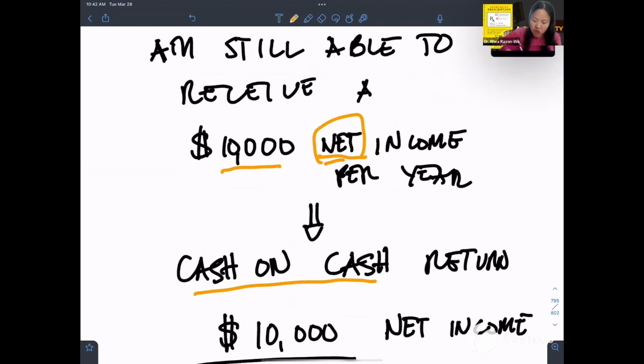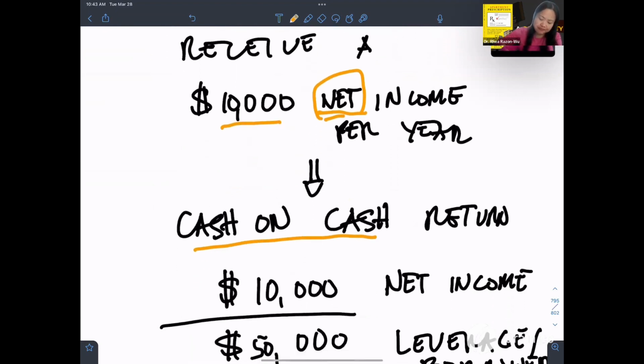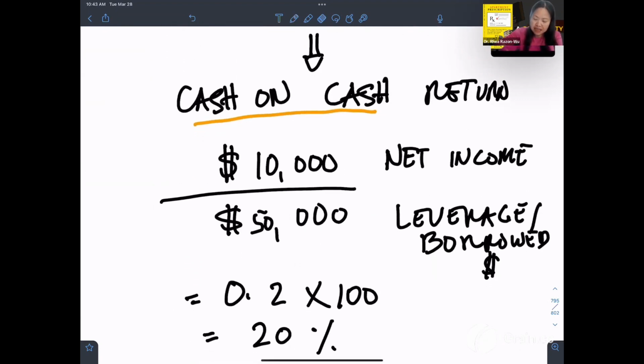Then my cash on cash return is, again, the net income is 10,000. Now we divide it by 50,000. Why would you ask me, why would we divide it by 50,000, Ria? Why not 100,000? Remember, the 100,000 was cash. Now, because we leveraged, we borrowed money, this is our own money now.